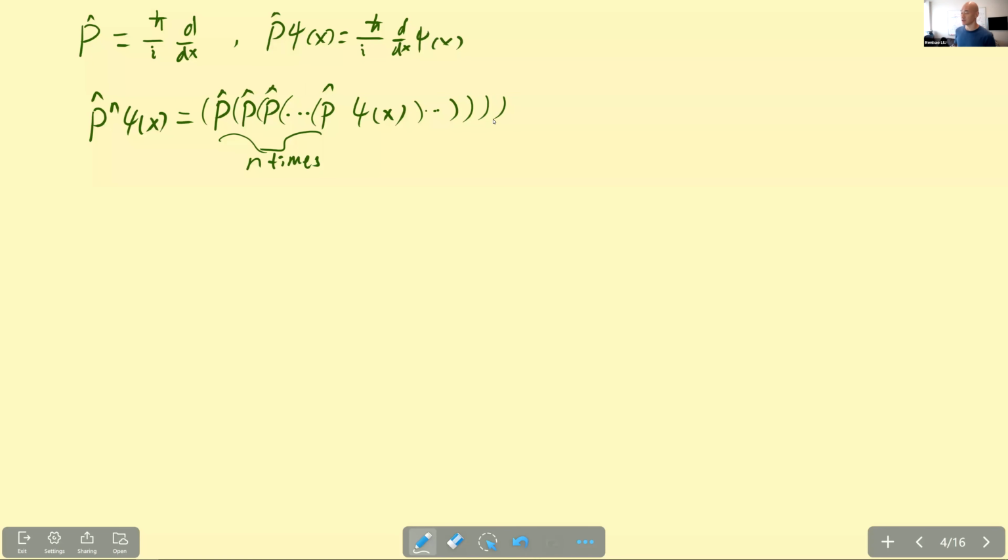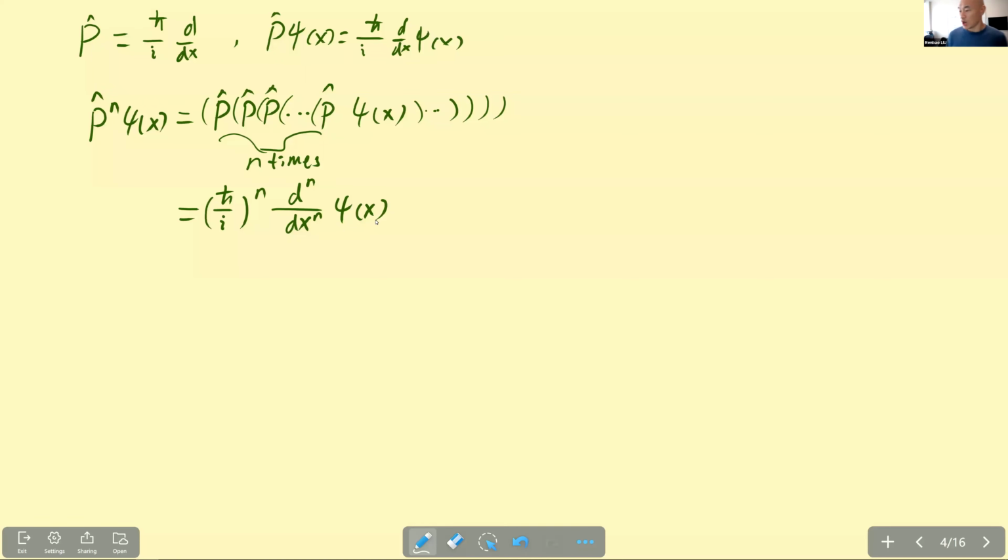So that's the definition. You just put that into this, so you get h bar over i, a constant, to the nth power. You do the derivative n times. Very nice, right? So p to the nth power acting on a wave function is just you do the differential to the nth order, and multiply by the constant h bar over i n times.